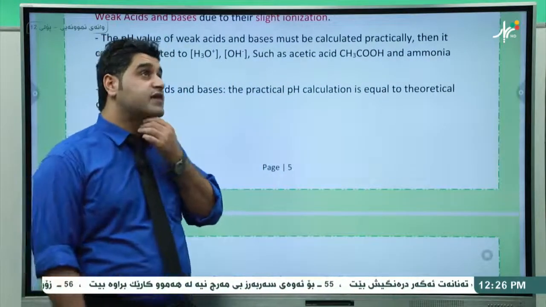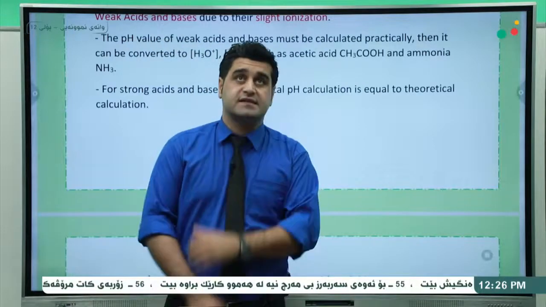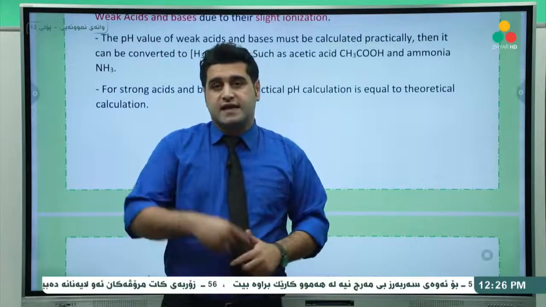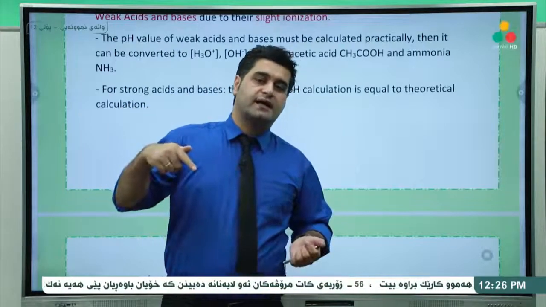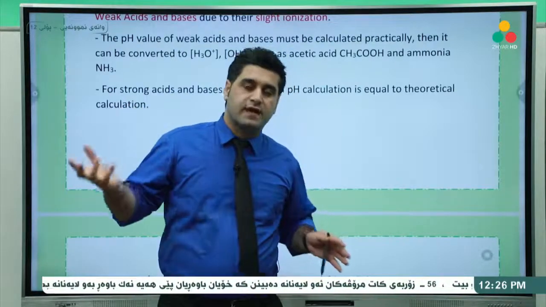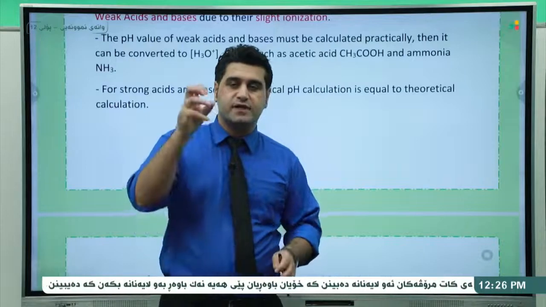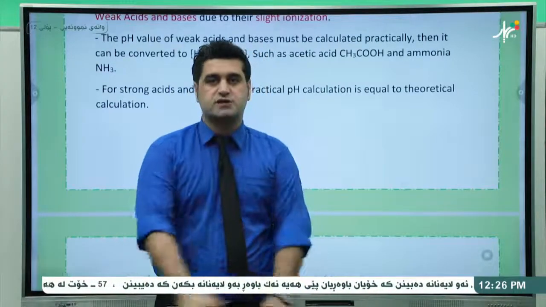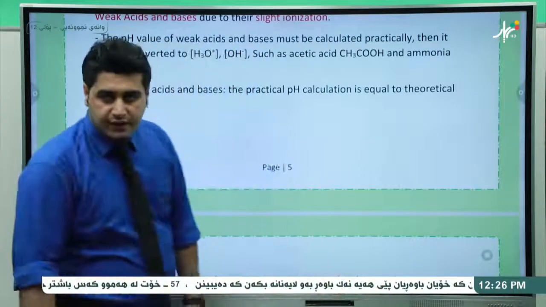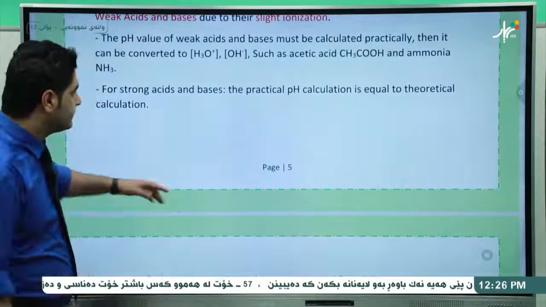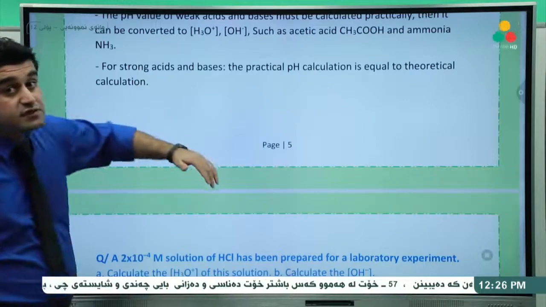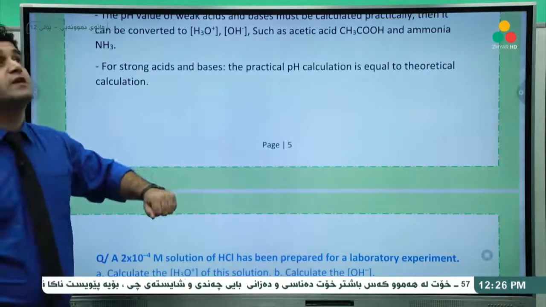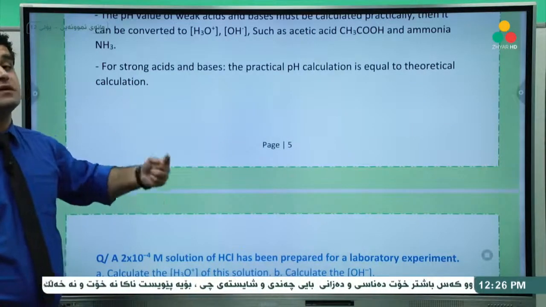So how can we get the value of H3O for weak acids? Well, we should start practically. There's a pH meter, which is equipment specialized in calculating the value of pH. Then we can convert pH into hydronium ion concentration, which I'm going to show you later. So for strong acids, we can calculate directly using their concentration, but for weak acid, we have to use a pH meter.